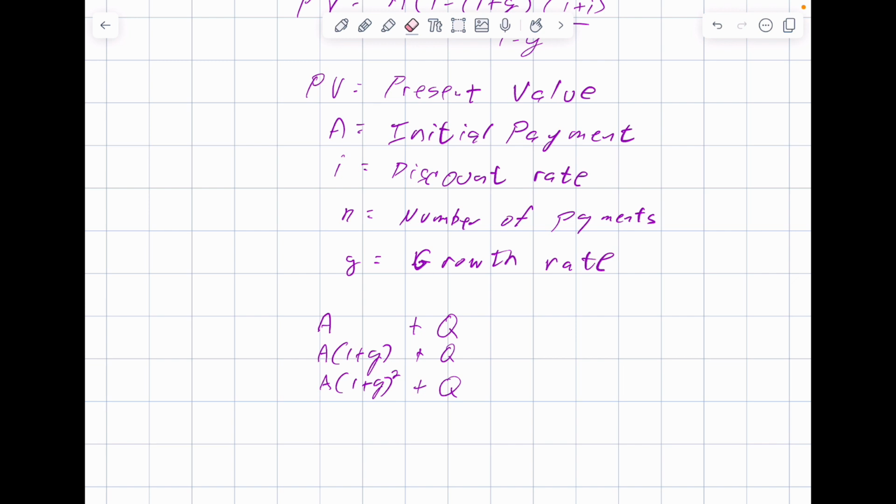This will give a cost of living increase based only on my payments. But since my pension is fixed, what I really want is a cost of living increase based on my total income of payment and pension combined.